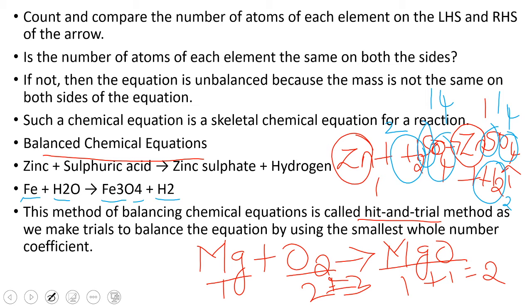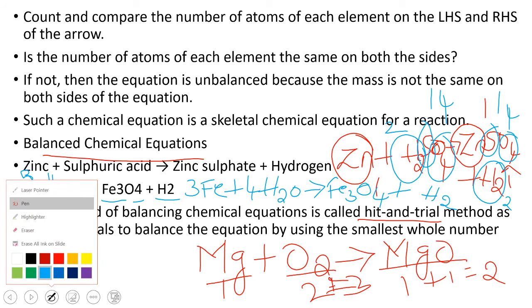So what I will do is, here I will write 4 and here I will write 3, so Fe3, 3 Fe is balanced, 4 oxygens. Like here I am writing 3 Fe plus 4 H2O gives rise to Fe3O4 plus H2, right?